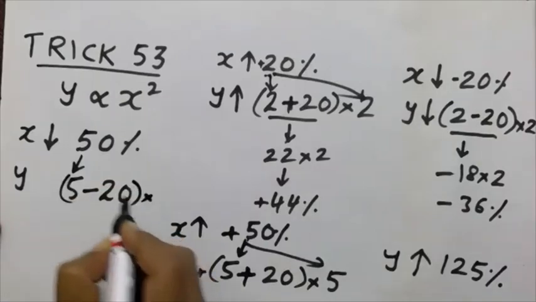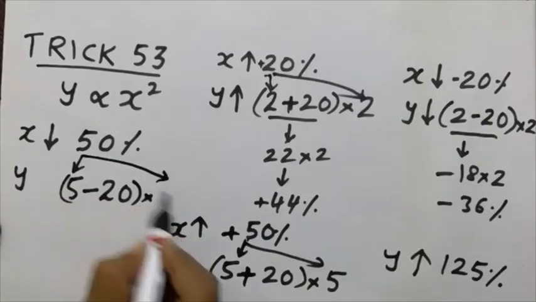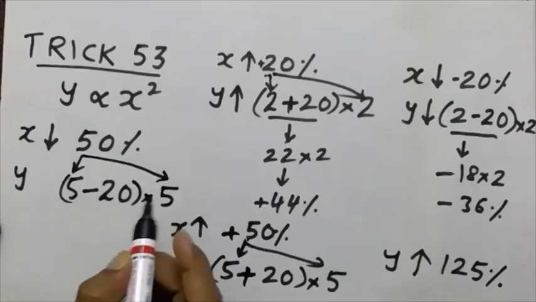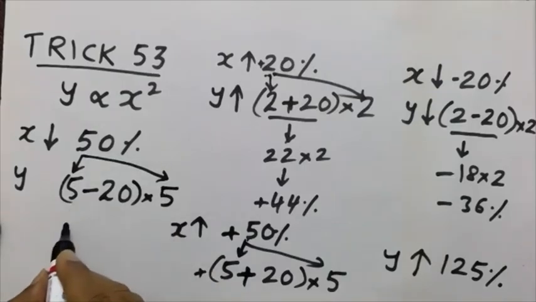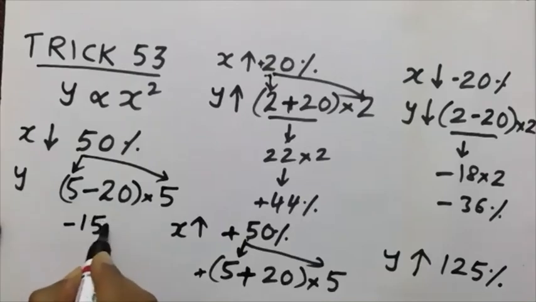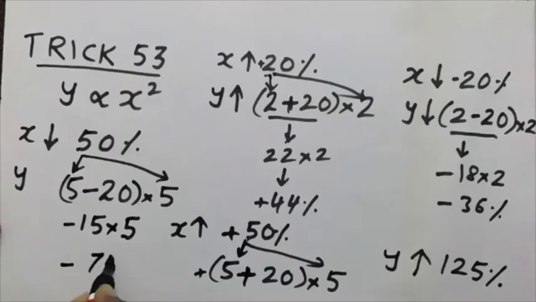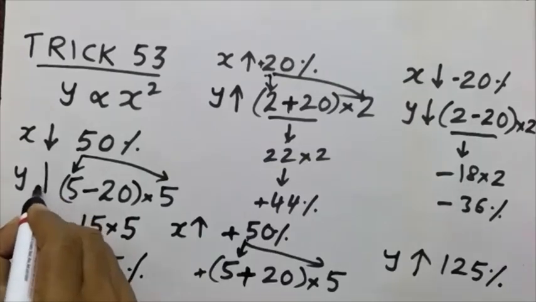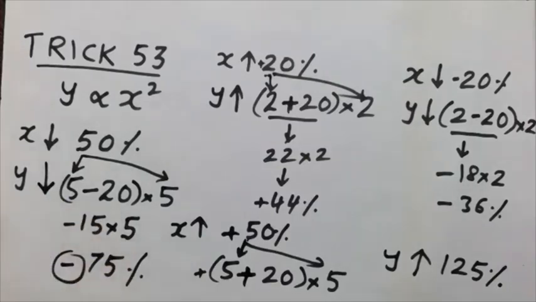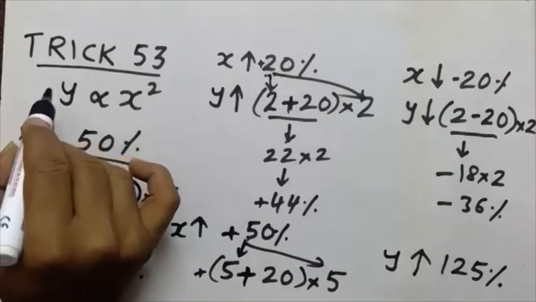What do you have to write here? Again this 5. So we see here it is 15 with a negative sign. Minus 15 into 5. So how much is it? Minus 75%. What does this minus sign indicate? Y also decreases. With these 3 things, you can simply answer many questions in many places.